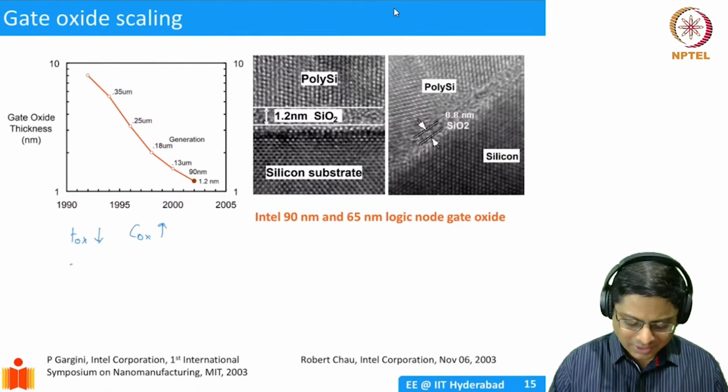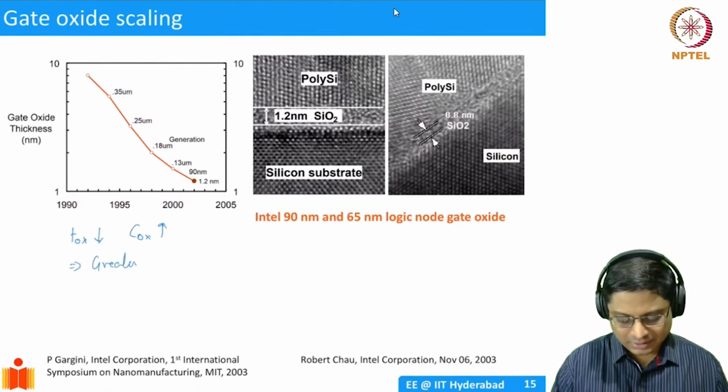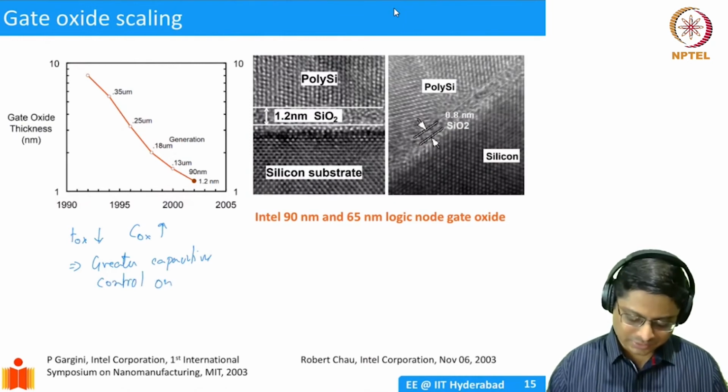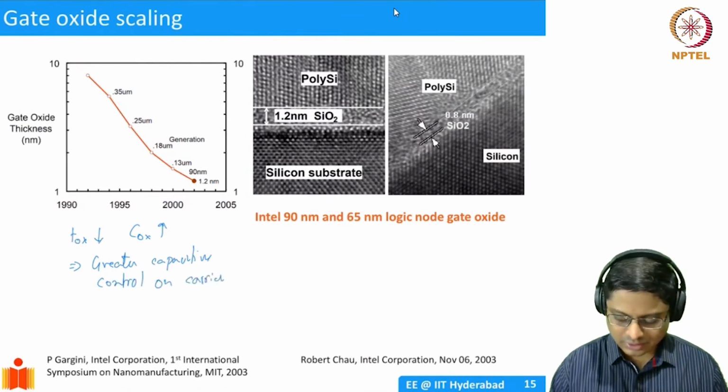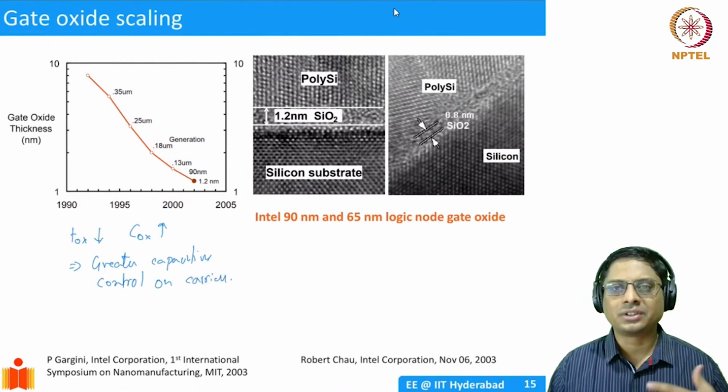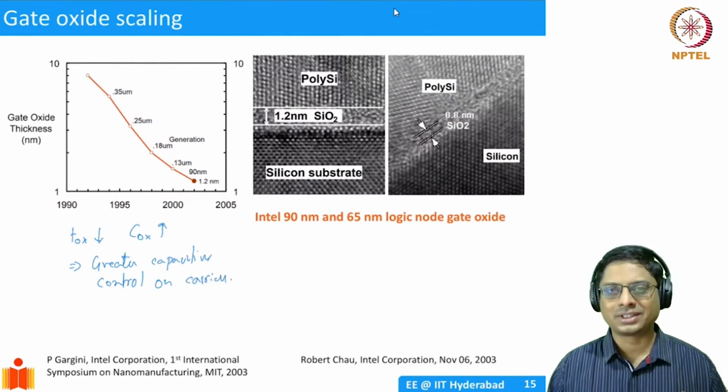Okay. This implies that you have greater capacitive control on carriers.